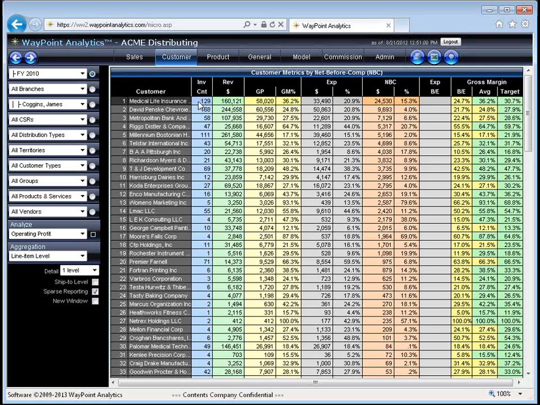Just for example, the very best customer in James' whole territory is medical life insurance. We have $160,000 of business in the year, generating $58,000 of gross profit at a 36.2 margin. That's a very nice piece of business. And we spent, all in all, $33,000 servicing the account, or about 20% of the revenue amount.